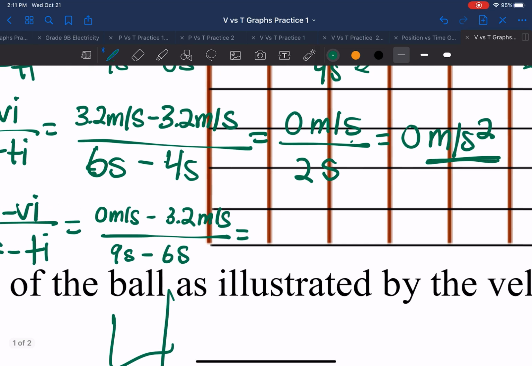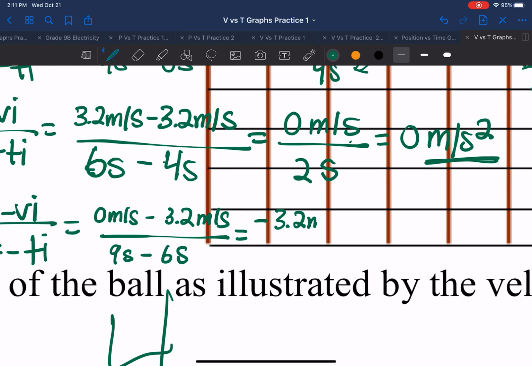We get negative 3.2 meters per second divided by, this should be a 5 here, 5 seconds. Okay, divided by 4 seconds, you're going to get negative 0.8 meters per second squared.